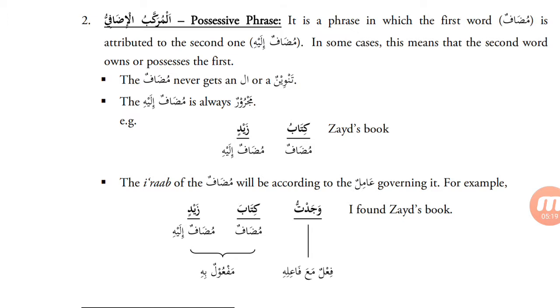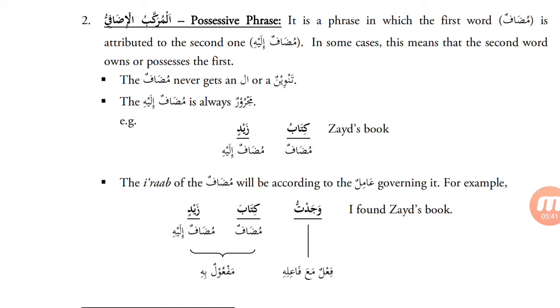The mudaf never gets an alif lam or a tanween. Alif lam will not appear at the beginning of the mudaf, neither will the final letter of the mudaf have a tanween. The mudaf ilayh is always majroor. It will end with the sign of jar.